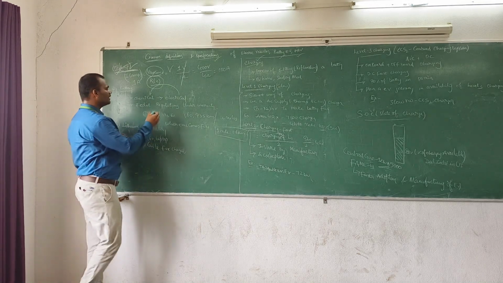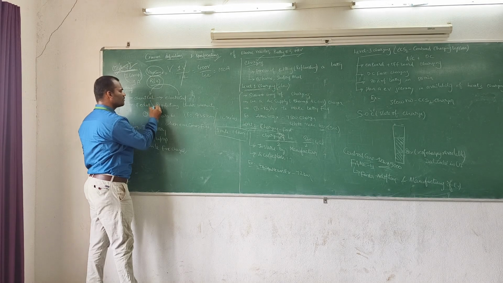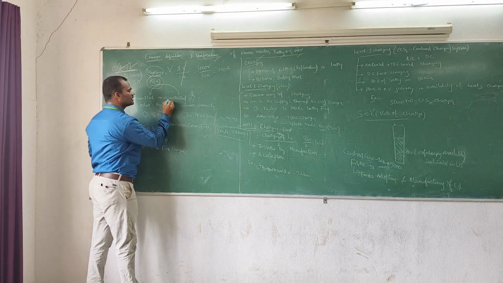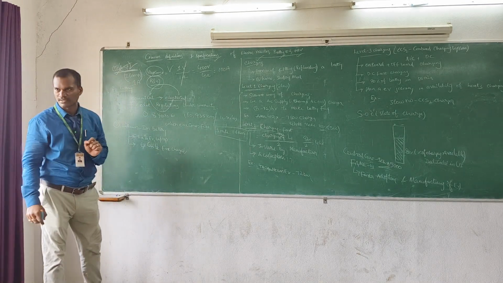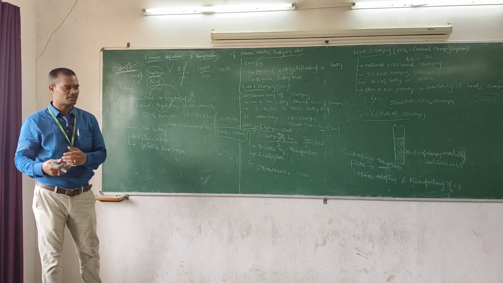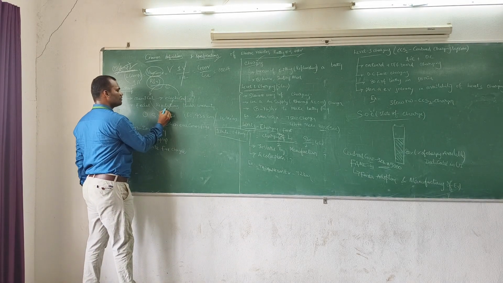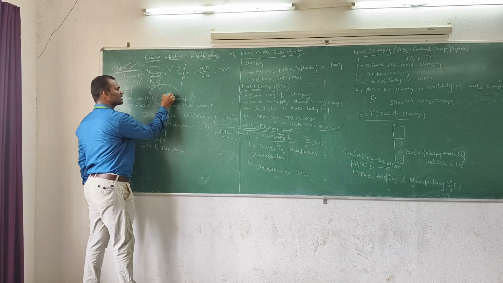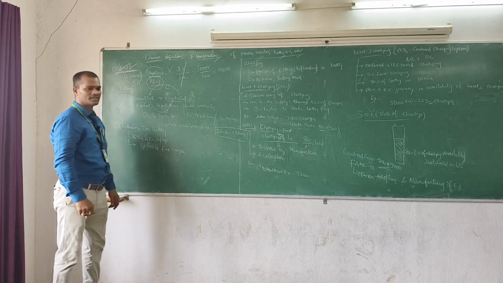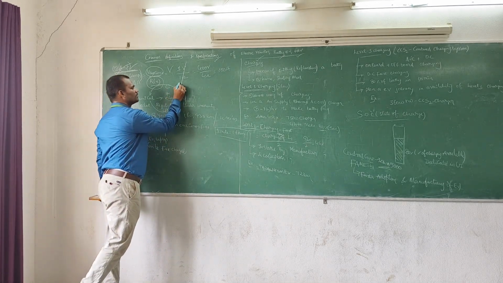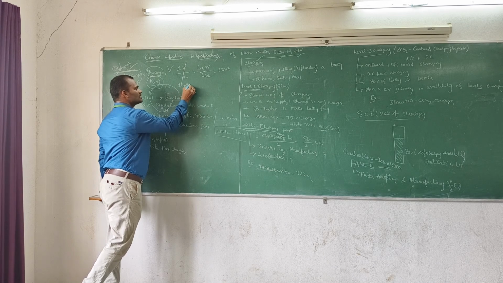How to discharge a battery? Already some energy is available in chemical form, so we discharge it and it converts into electrical. So it is nothing but a cycling process. This way is called charging, this way is called discharging. One charging and one discharging is called one cycle.